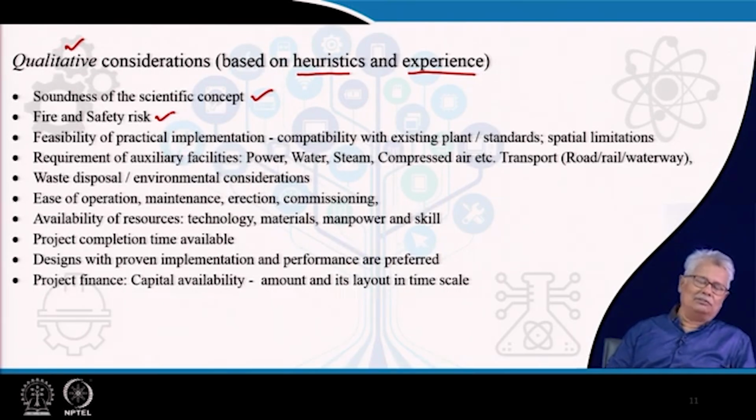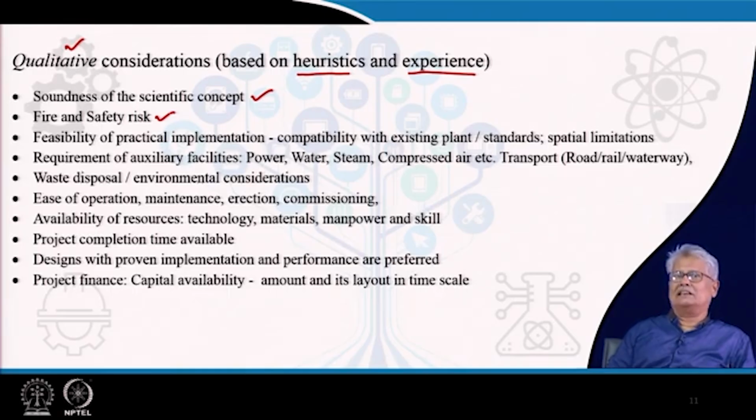There are other things like ease of operation, maintenance, erection and commissioning. For example, I will give you a very common example. I worked in two plants which were very similar. One had all the valves which are to be operated manually very close to the waist height of the operating personnel. The others were rather haphazard.